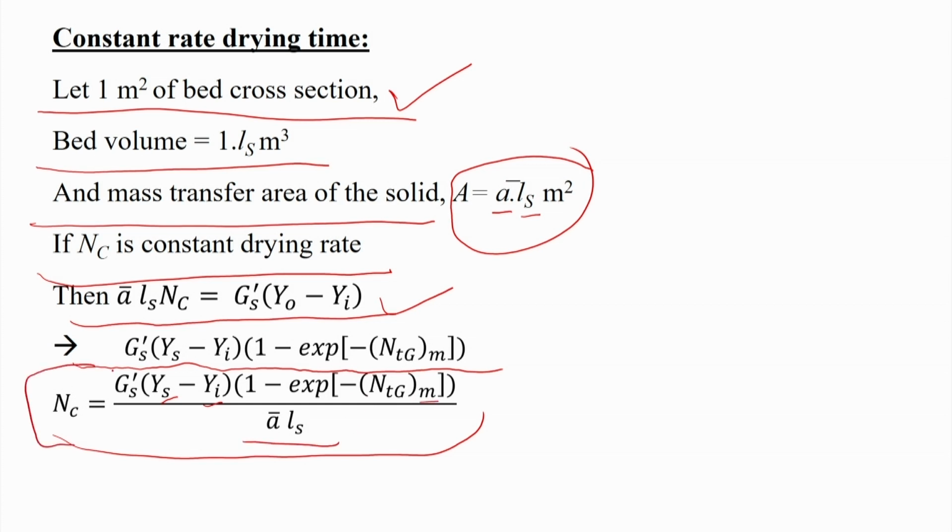So now we have N c in the form of known parameters like G s prime, y s, y I, and NTG, which we will calculate, divided by the specific surface area, meaning surface area per unit volume, into L s, meaning the thickness or height of the wet solid.